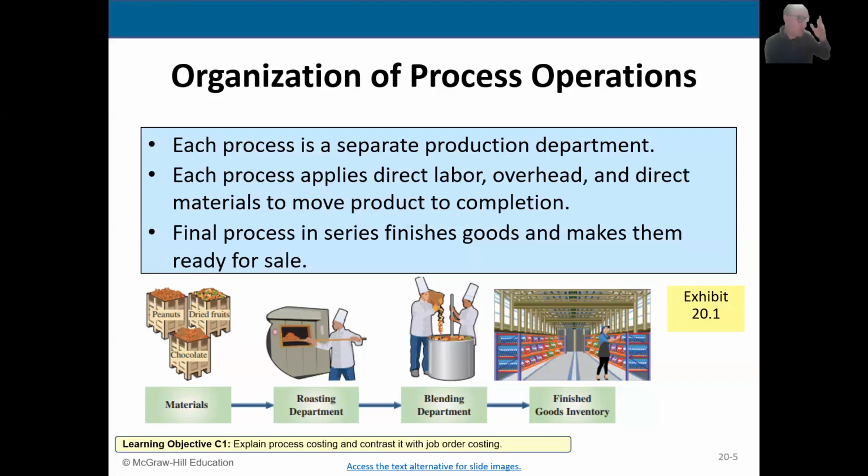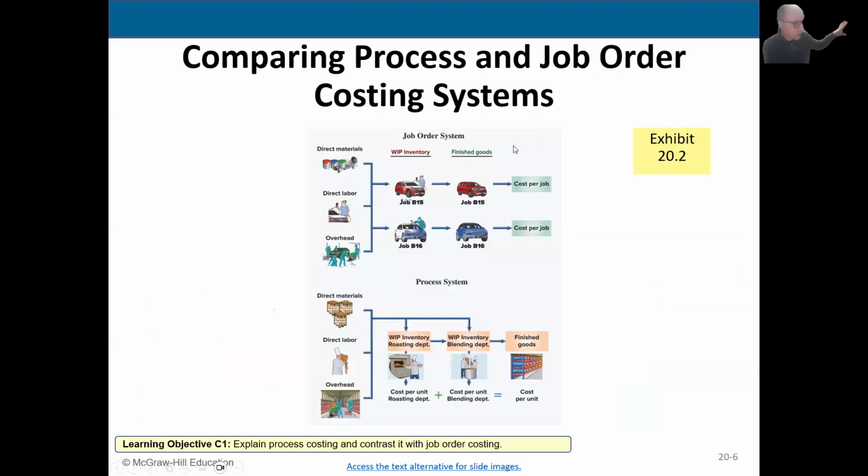So instead of tracking costs by customer order, like we did last week in job order costing, remember we were building cars and Toyota was building the cars and we traced direct materials plus direct labor plus factory overhead to each job, right?